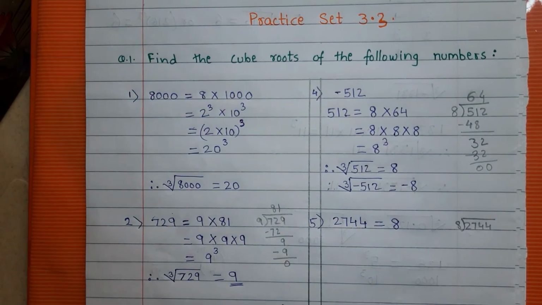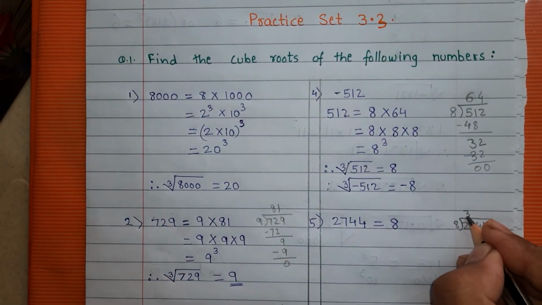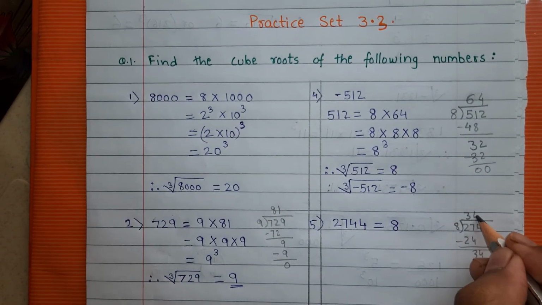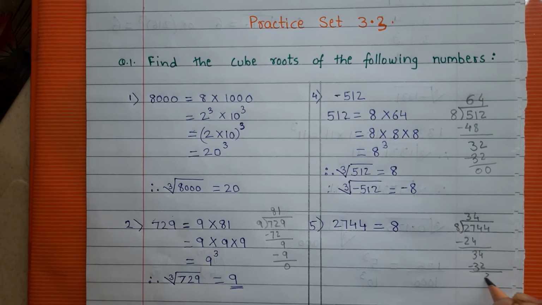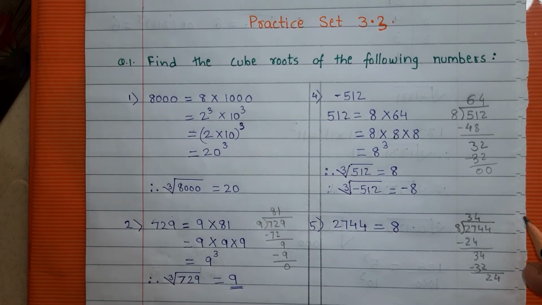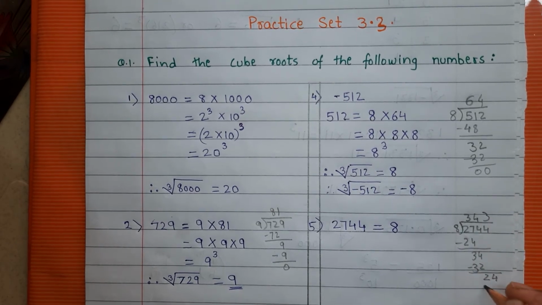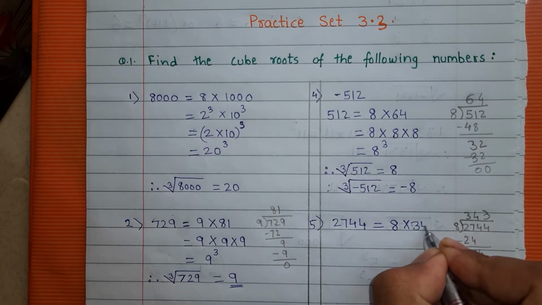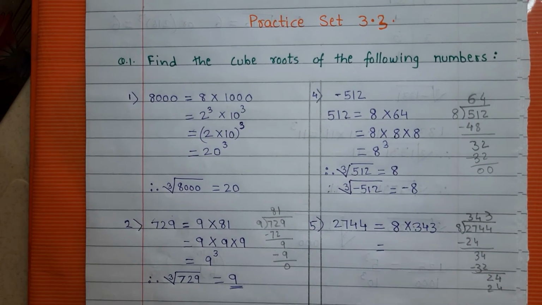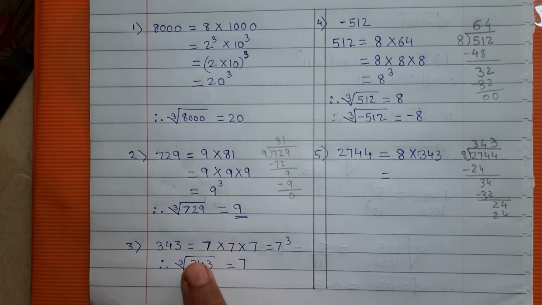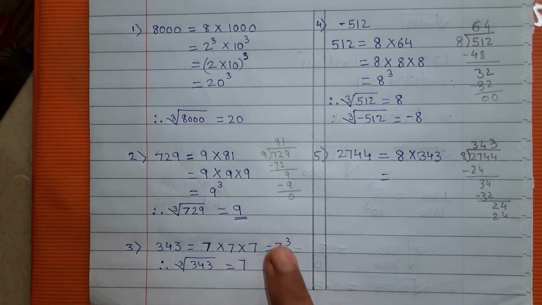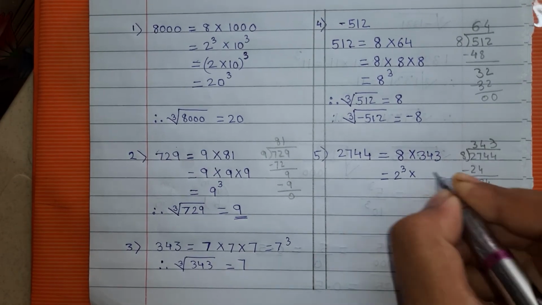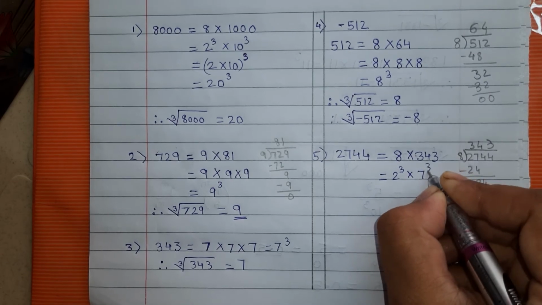3 times. So directly we will take here 8 and we will divide this number by 8. So here we will take 8 3s are 24. We will get 3 4. Now 8 4s are 32. Subtraction, 2, this 4. So 8 3s are 24. What number did we get? 8 into 343. But just now we have learned that 343 is the cube of 7. So 8 is the cube of 2 and 343 is the cube of 7.